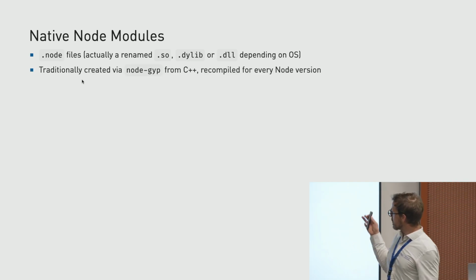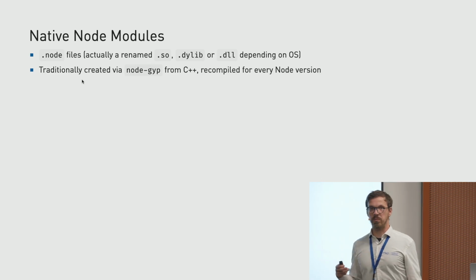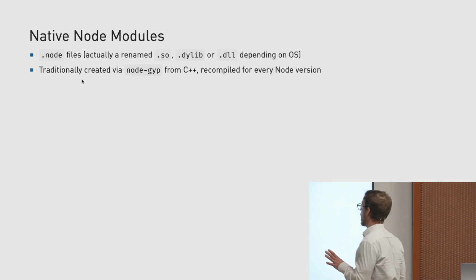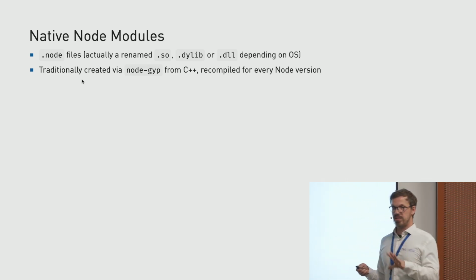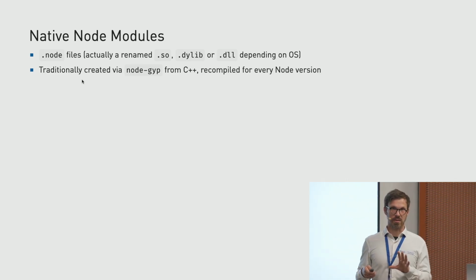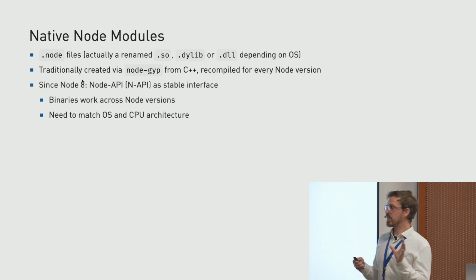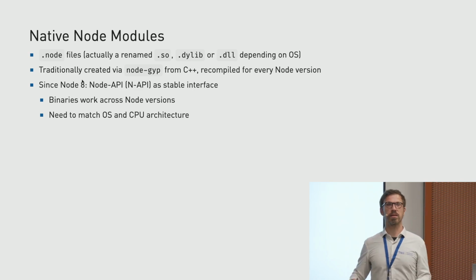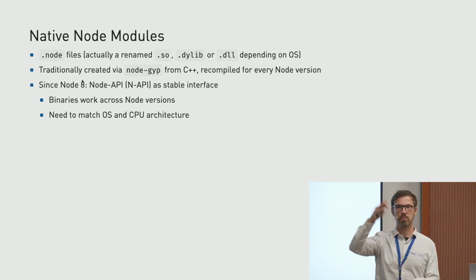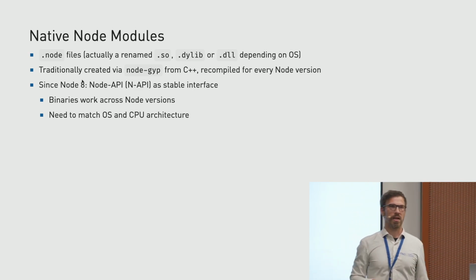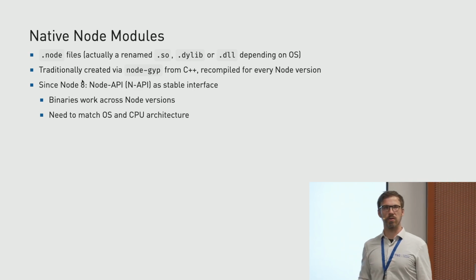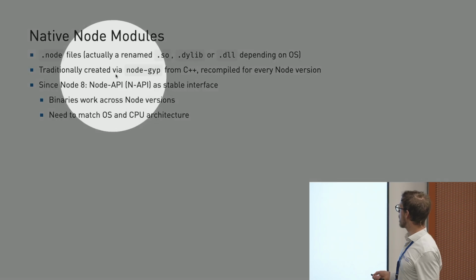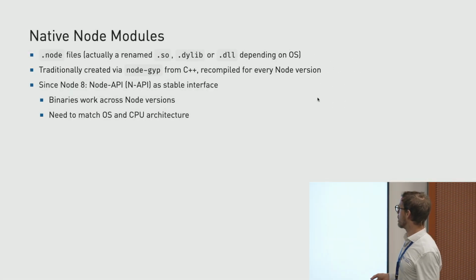And the traditional way to do this would be to use a tool called node-gyp that would recompile the code from C++ every time you installed it. If you have been in the business a little longer, you have seen this. Maybe you run npm install and then suddenly screen after screen of compilation messages show up. But I haven't seen this in years, because all tools are using N-API now, which is a very good idea.